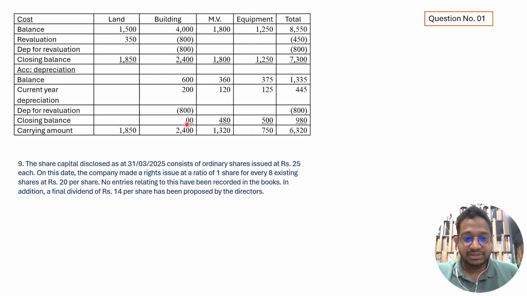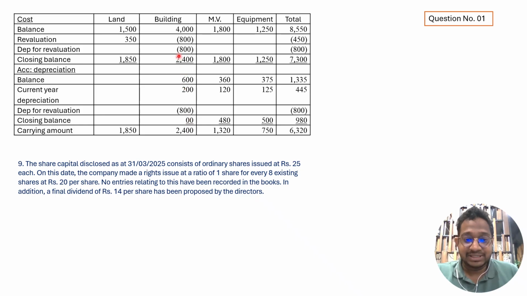So at the revaluation date, you have to transfer the accumulated depreciation up to that date. So up to that date, the building's accumulated depreciation is 800, and that was transferred when you did the revaluation, right? So here, the revalued amount is given as 2,400 for the building. So 2,400 should be your closing balance.